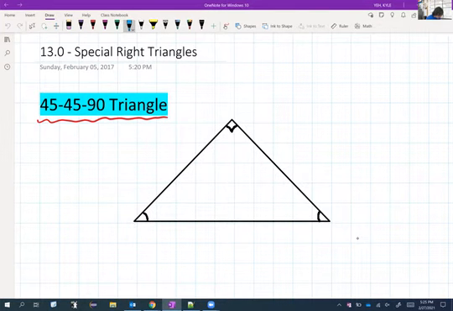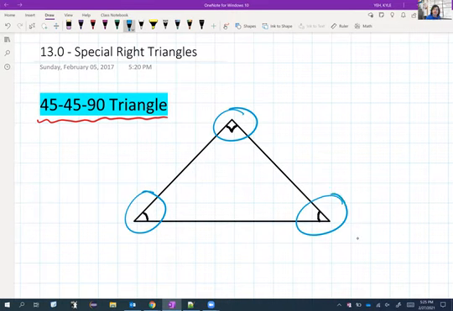So looking at this diagram, we can see this triangle has a 90-degree angle. That's what makes it a right triangle, just a review of that. And if you remember your symbols in geometry, these two symbols on the inside of those angles indicate that those two angles have the same measure.